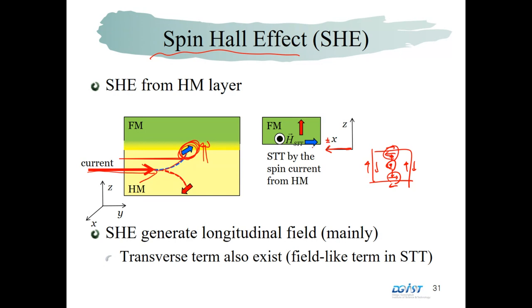Anyway, to generate such a torque, we have such a direction of the field. So don't confuse the field and the torque. They are always orthogonal. Please remember that the torque is M cross H. So if we have some kind of torque existing, that means we have such an effective field, which is orthogonal to the M and the torque.